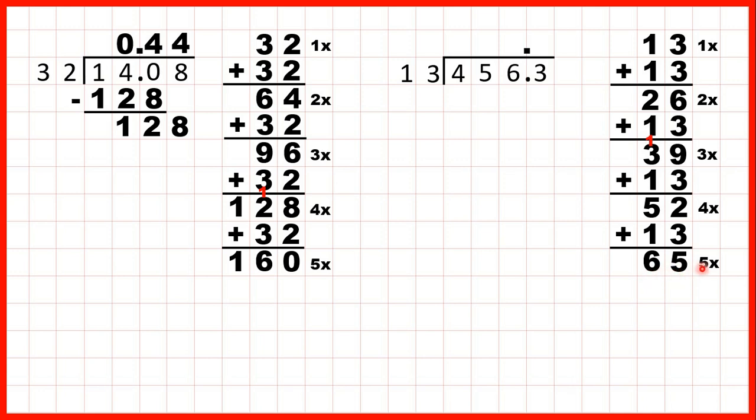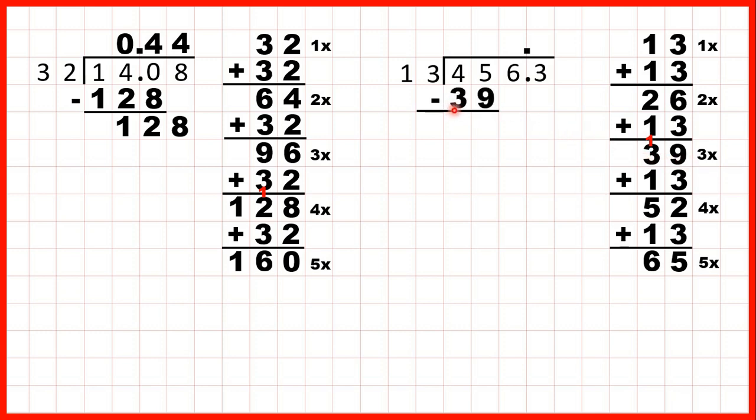So now that we've worked up to 5 times, let's look back to our question. Taking the first 2 digits, we have 45 divided by 13. So we need to find a number in the 13 times table that's as close to 45 as possible, but not more than 45. 39 is the closest number that's still less than 45.